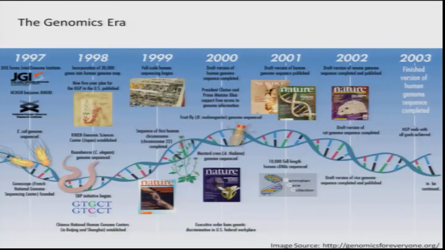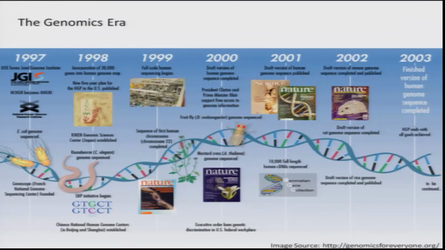Then came the genomics era, 1997 to what you see now. There are large number of genome sequences made available. So, you have, for example, many initiatives that came, for example, E. coli genome, one of the common bacterium that is present in your gut, E. coli was sequenced, and then there are other centers which started sequencing other models.